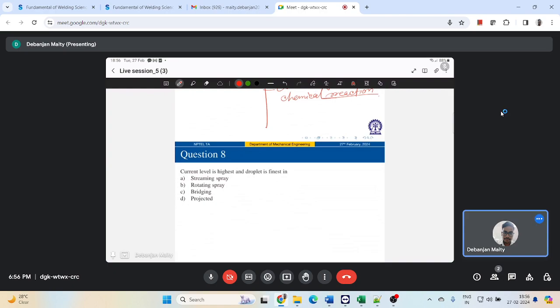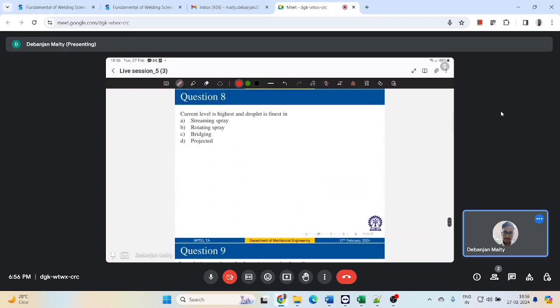Now, in that regard, even if you have gone through the video lecture, I will just briefly explain what is happening in terms of free flight metal transfer. There will be different steps where your arc gap goes on decreasing, and because you are reducing your arc gap, there will be a continuous decrease in your voltage drop up to a certain time.